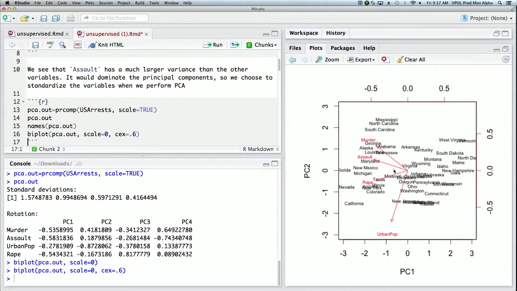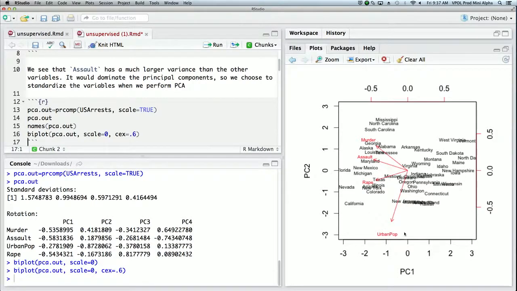Remember the component had negative loadings, and so negative scores mean negative times negative is positive. So these are the states in this end that have got overall high crime. We see Florida over there, Nevada, California, Michigan, New Mexico. And then the other end of the scale are the states with low total crime. So Maine, North Dakota, New Hampshire. So this first axis is really to do with the amount of crime in the state.